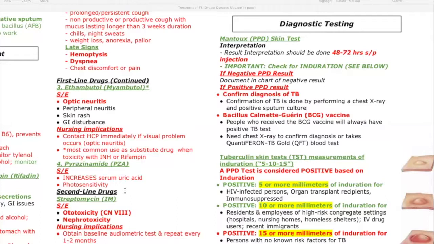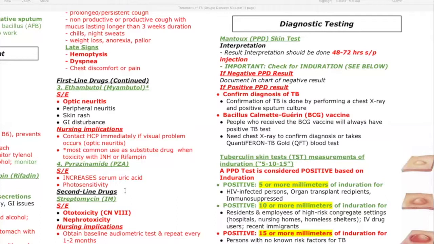Other types of people in this category also include people in homeless shelters or nursing homes, or basically anybody who is in an environment where they are susceptible to TB. And for those other people who are not around TB, which is actually pretty rare, because we all go out in the malls, and we go shopping, we go to restaurants, we go to bars.